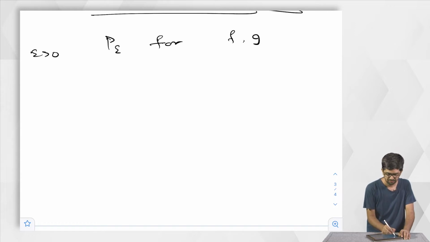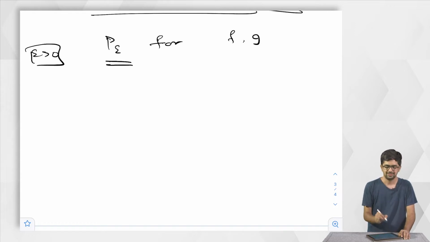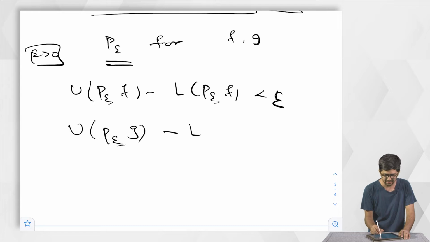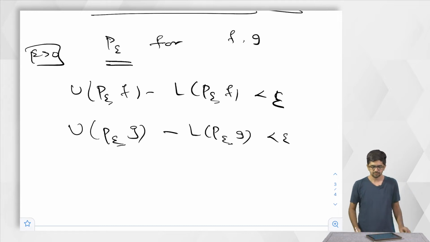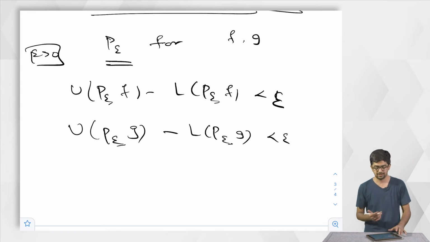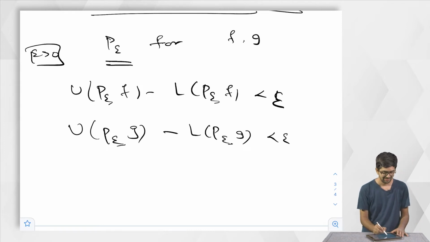Given epsilon positive, one can find a P_ε such that U(P_ε, f) minus L(P_ε, f) is less than epsilon, and U(P_ε, g) minus L(P_ε, g) is less than epsilon.